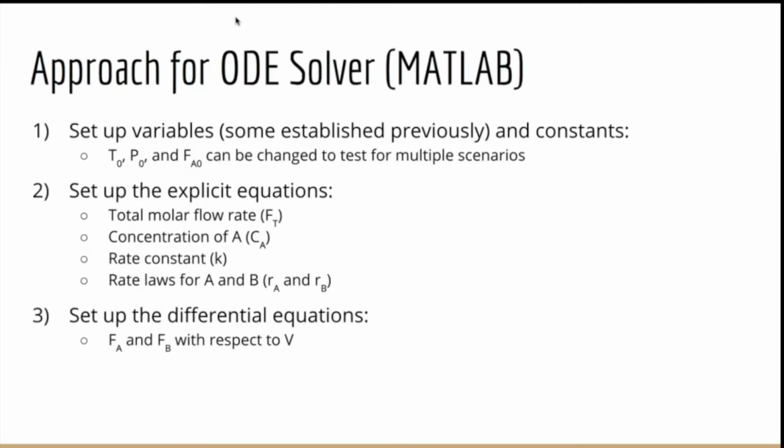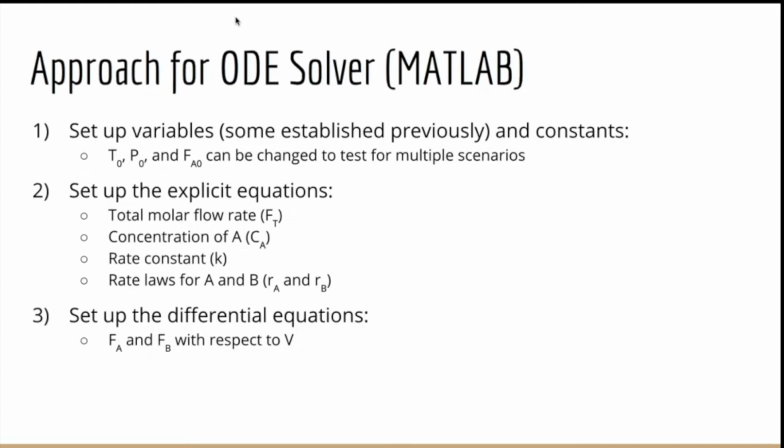Now for the approach, we use the ODE solver from MATLAB, and we follow 3 simple steps. We first set up the variables with the constants and the variables that were established previously, such as temperature, pressure, and initial flow rate.